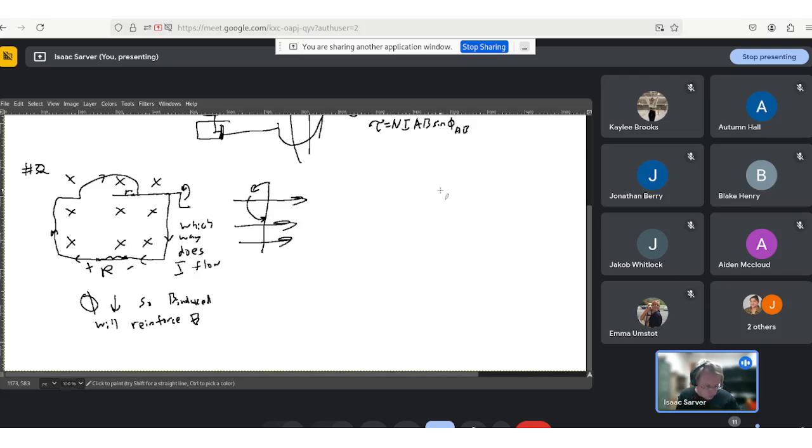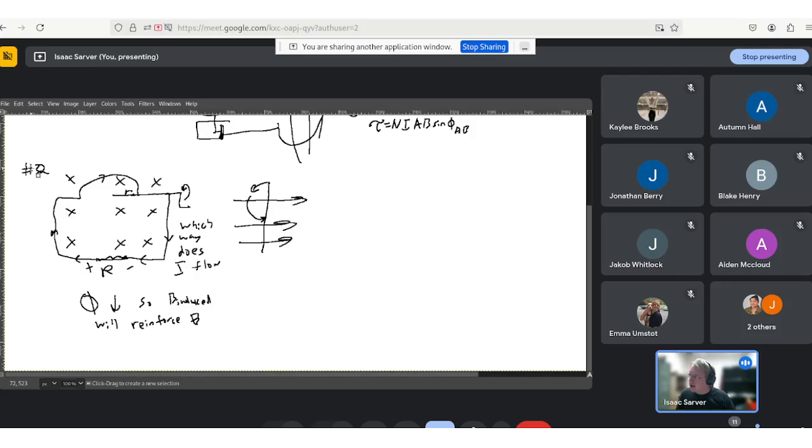No, I picked out one for this page, didn't I? Yeah. Okay. All right.